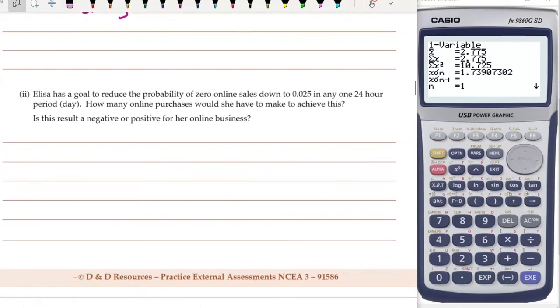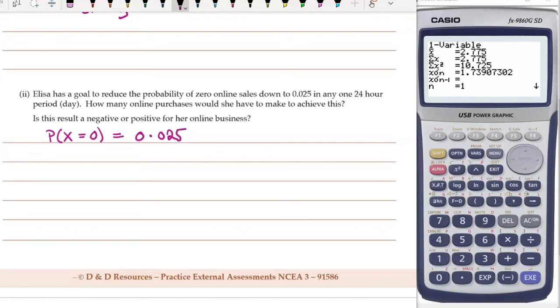Okay, Eliza has a goal to reduce the probability of 0 online sales down from 0.025 in any one 24-hour period or day. How many online purchases would she have to make to achieve this? So we want the probability that x equals 0 to become 0.025.